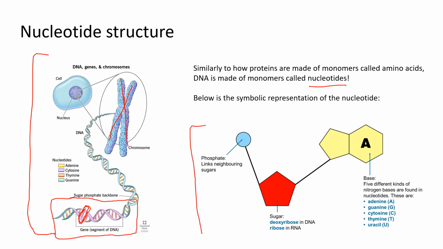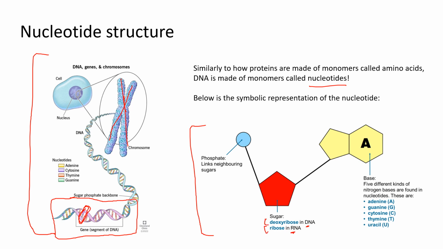Below here is a generic diagram, just like the amino acids, of a nucleotide and the 3 main components that are required. All nucleotides have a phosphate group, which is going to be really important when we start to join these together. All DNA has a sugar called deoxyribose, and that's where the D in DNA comes from. If it's RNA, which we're going to learn about as well, it'll be a ribose sugar.